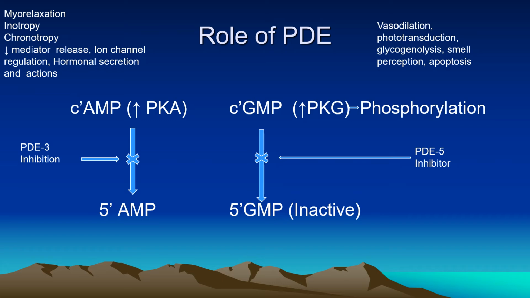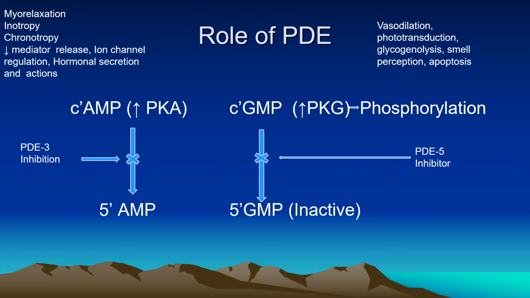In the same way, if there is inhibition of phosphodiesterase, for example, phosphodiesterase 5 enzyme that inactivates cyclic GMP, there is no inactivation of cyclic GMP and there is an increase in its level, and this increased level will increase the activity of protein kinase G, which is involved mainly in phosphorylation in smooth muscle.